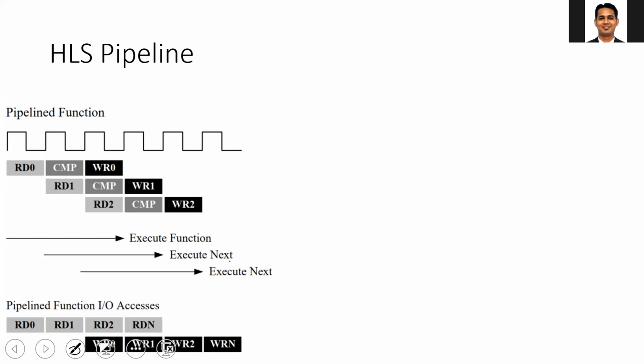Okay, so I'm doing 0, 1, 2 up to n, and then write 0 up to n. So the pipeline function will continuously read new inputs and write new outputs. Okay, so there is no iteration number defined in the pipeline function. So when you call the pipeline function, it executes once. When you call it two times, it will execute two times.